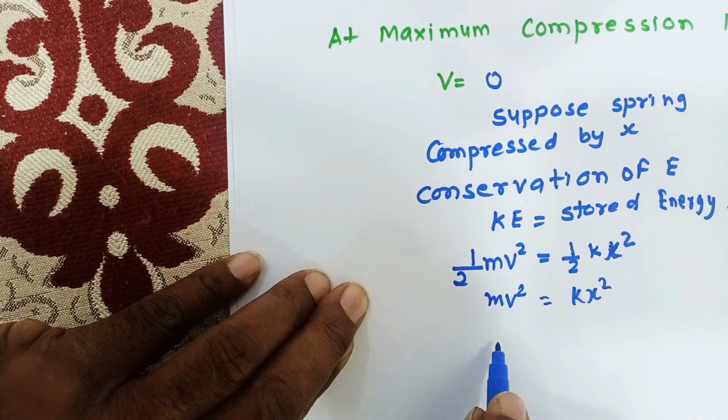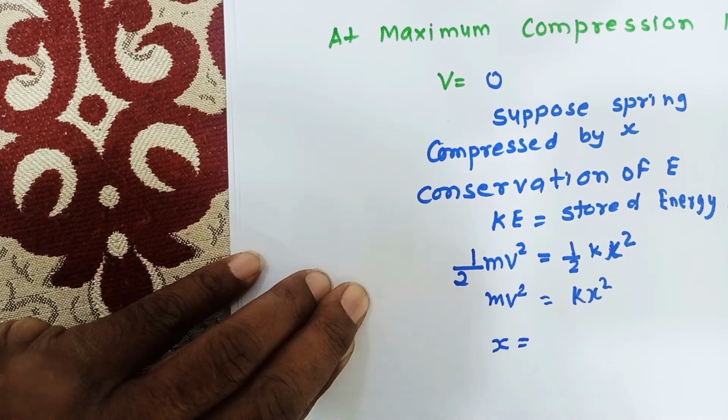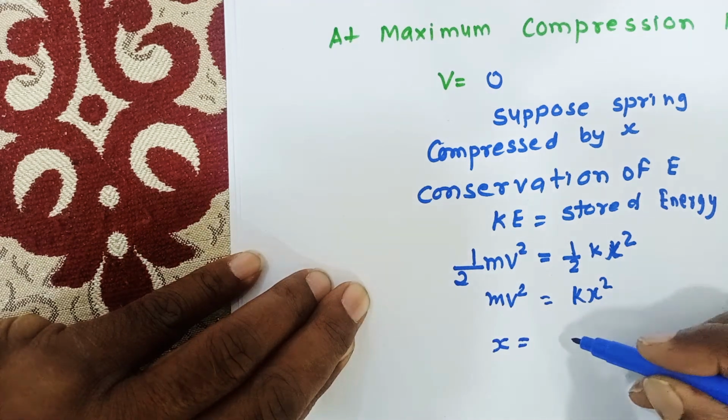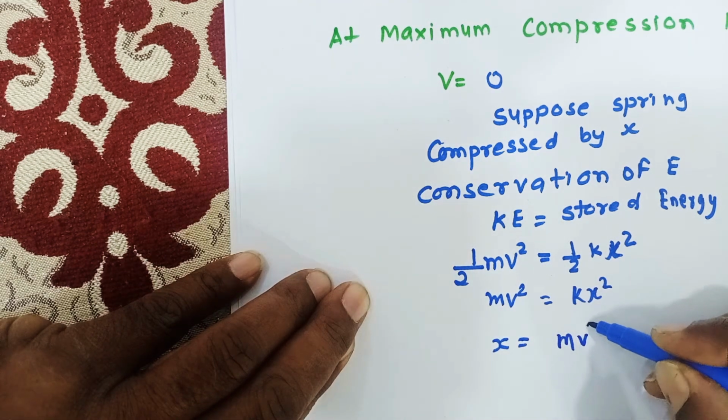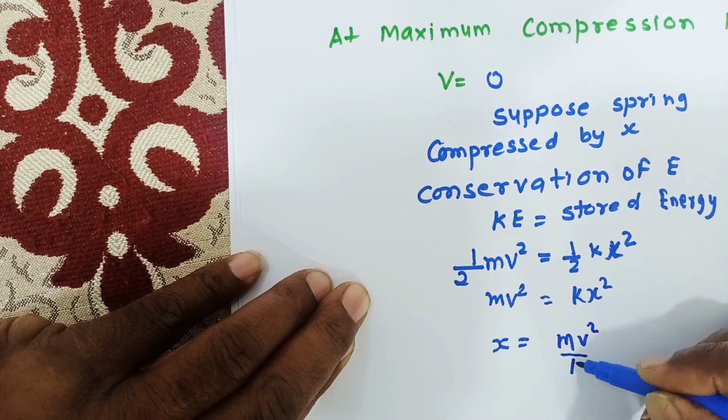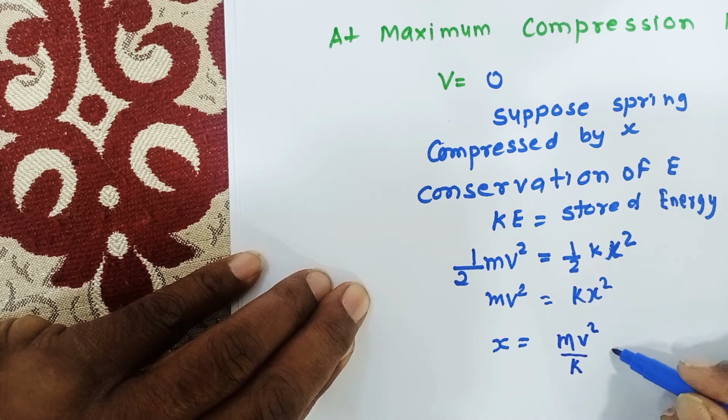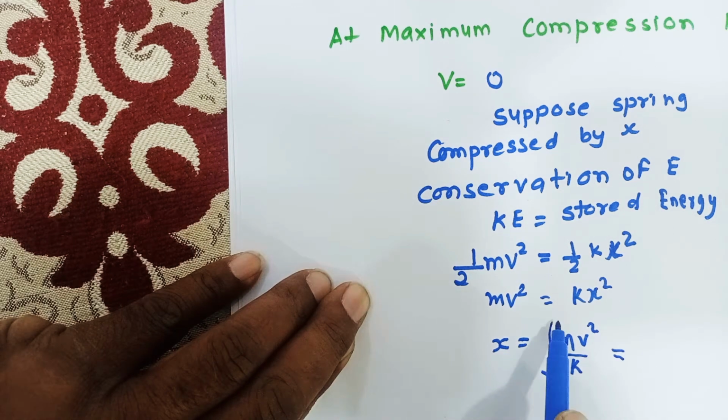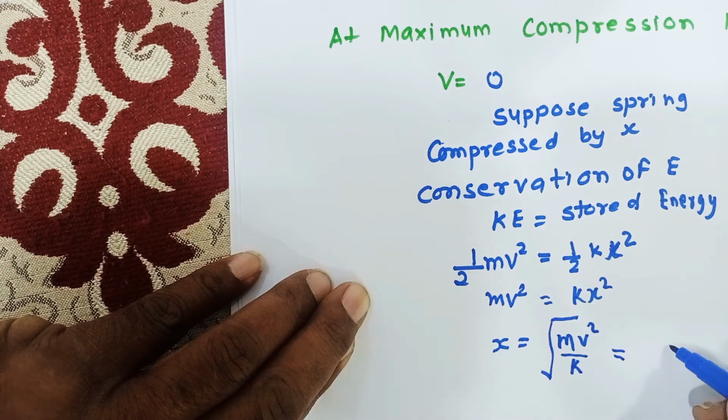So the maximum compression will be given by x equal to root of m v square by k, which becomes root of m by k into v.